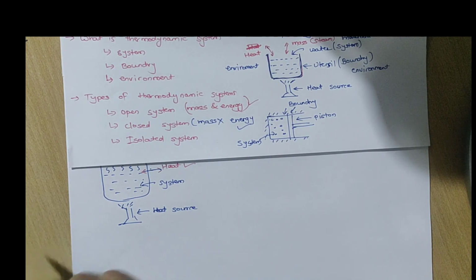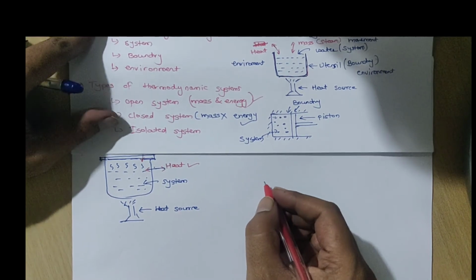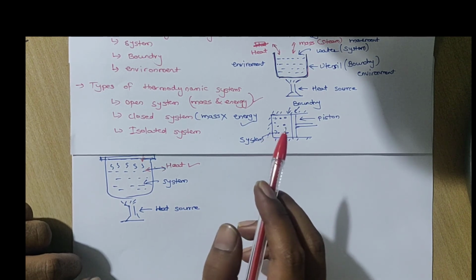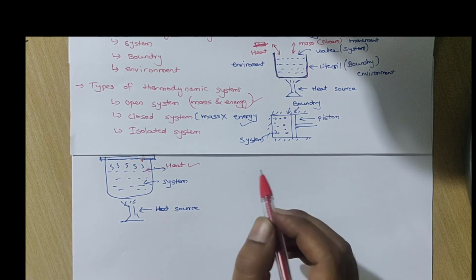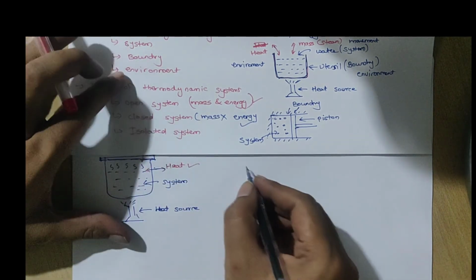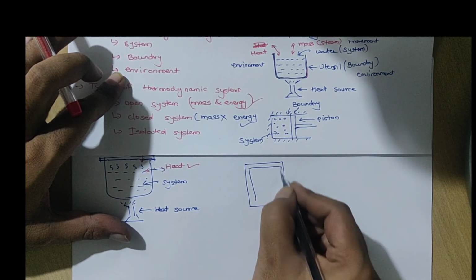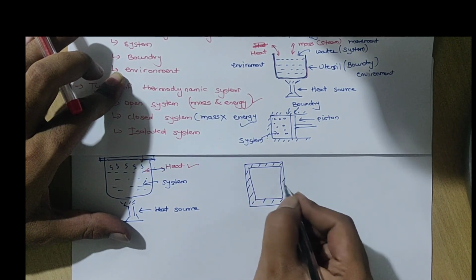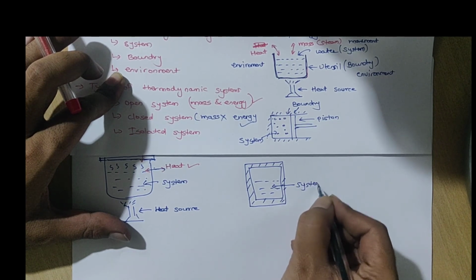Now third is isolated system. So in isolated system, consider like you have put some water or hot coffee in a thermos flask. So what happens inside a thermos flask, the boundary does not allow even heat to transfer to the environment. So in a thermos flask the boundary is made up of such a material that it does not allow transfer of heat as well as mass.